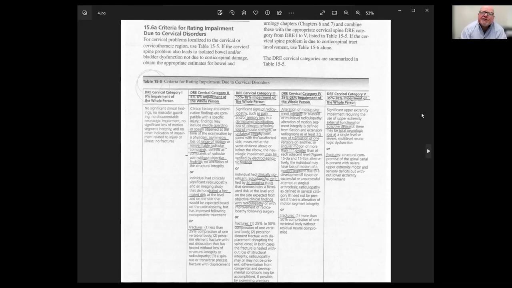Now, the next question is, do you go to 25 or 28? Well, remember, the difference is the quantity and quality of ADLs. How many ADLs do we have positive at MMI? And how many of them are important? Well, let's say this person is average.